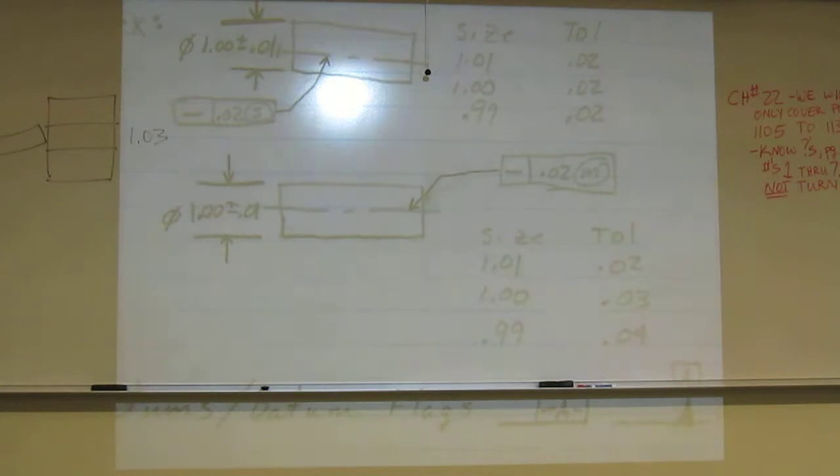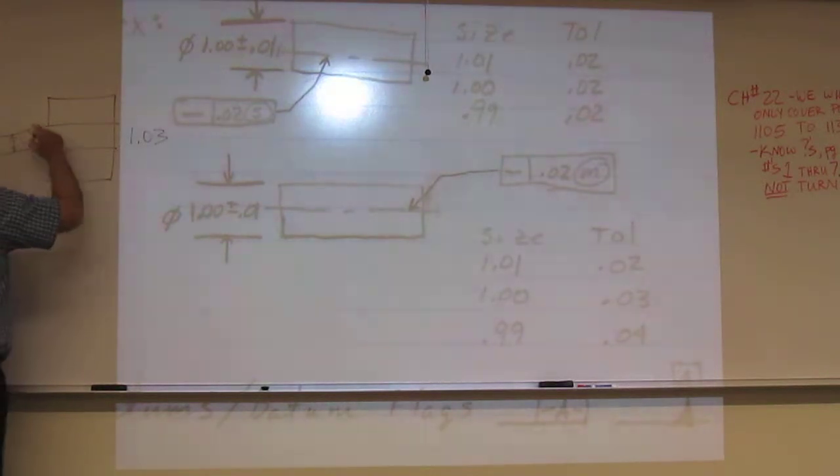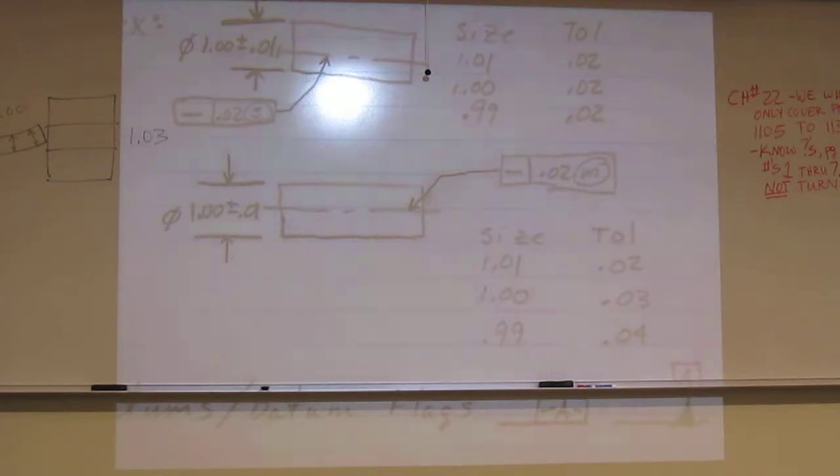Now I can measure it right here, and here, and here, and let's say I get 1.00 on all those measurements. So it passes, right? Because that's a size deal right here.